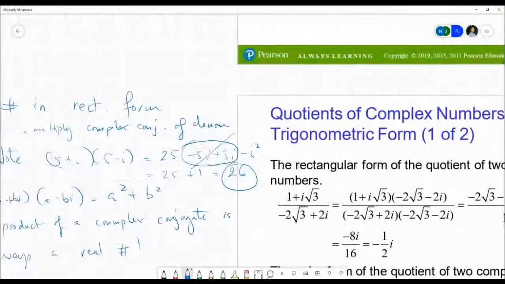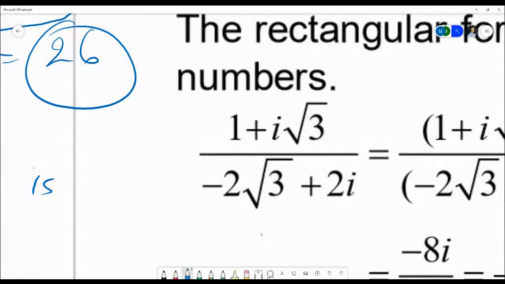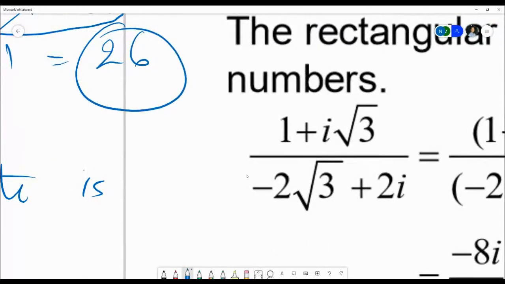Let's try this example. Go ahead and divide that and see what you get.